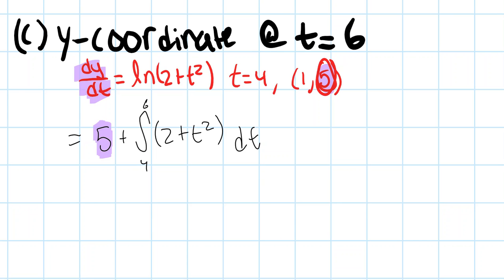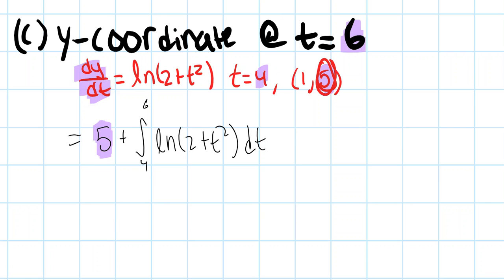The amount of change is the integral from 4 to 6 of dy/dt. Now we can plug this into our calculators to get the y-coordinate at time t equals 6, which is 11.570.